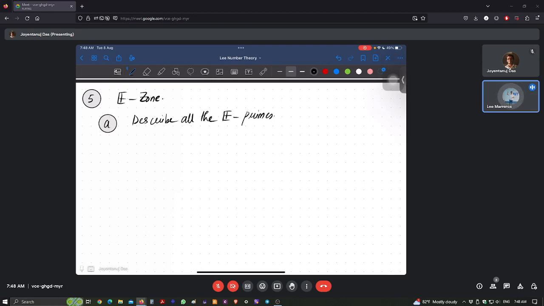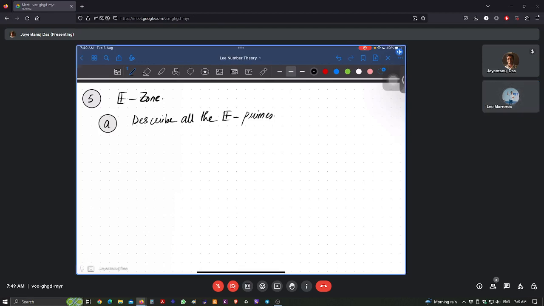and if you find the divisor to be part of the field, then you can say that is E divisible, right? If not, that will be E prime.